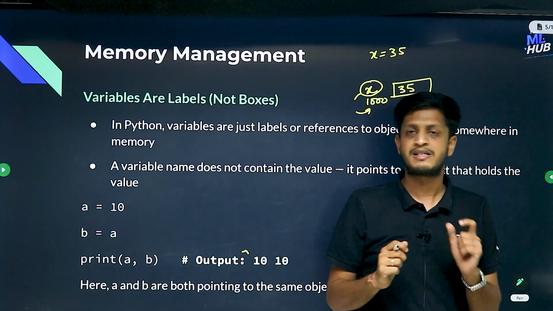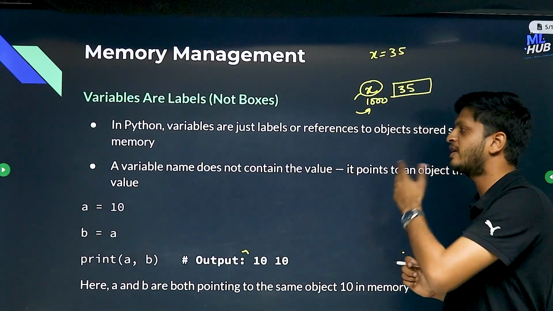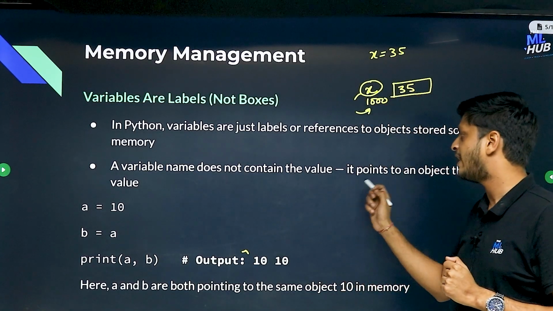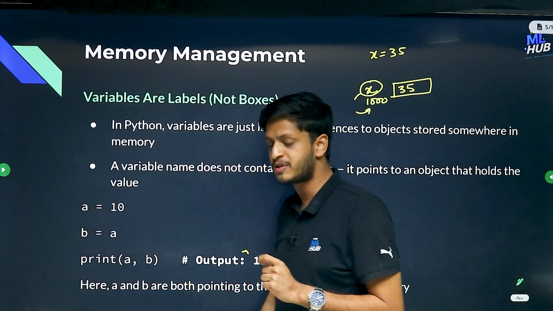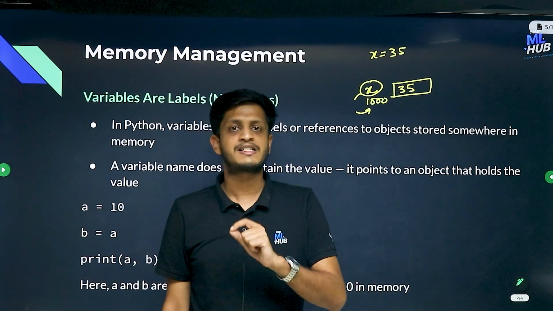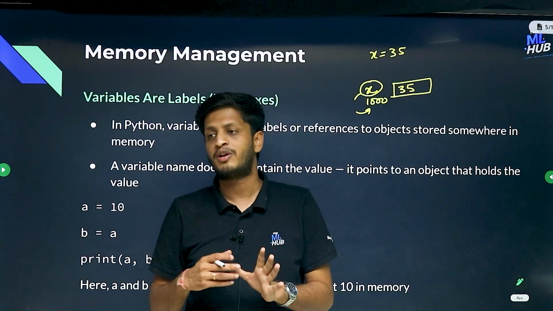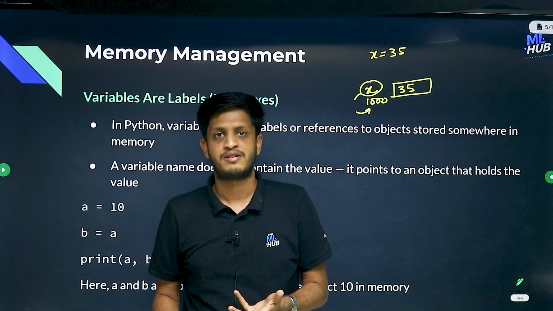In Python, variables are just names and they are references to objects stored somewhere in memory. A variable name does not contain the value it points to. Variable name doesn't contain any information of the value. It is just a pointer. It will point to a memory location. When you print it or try to do some operations on it, the compiler goes and sees what the value is.